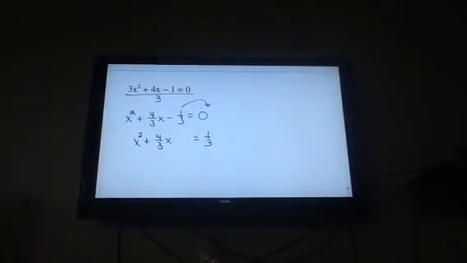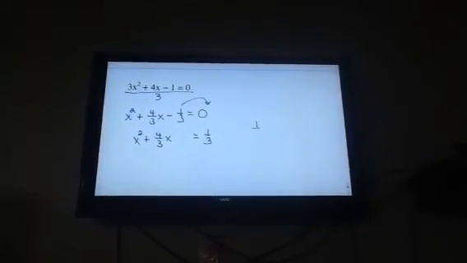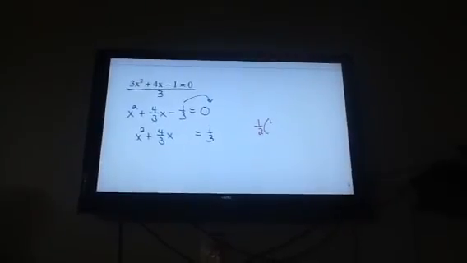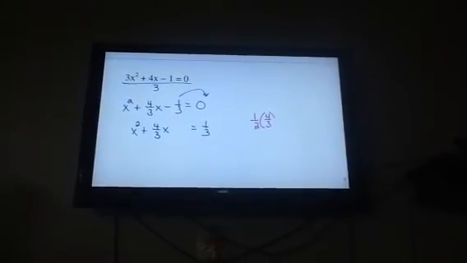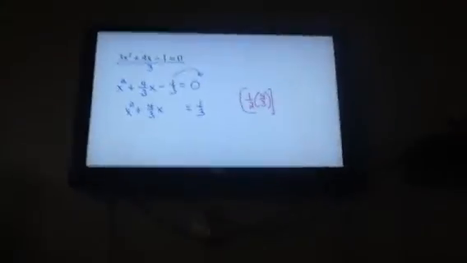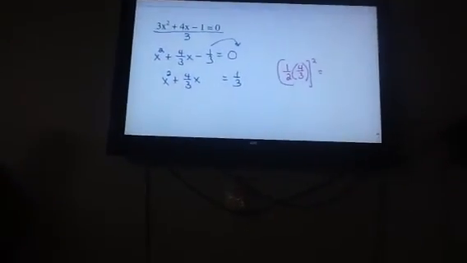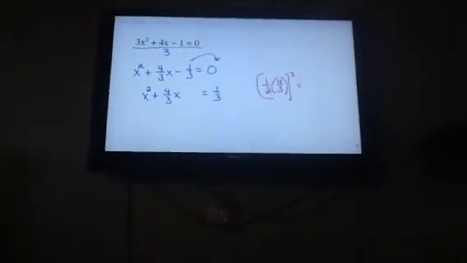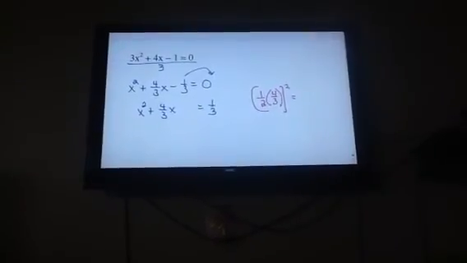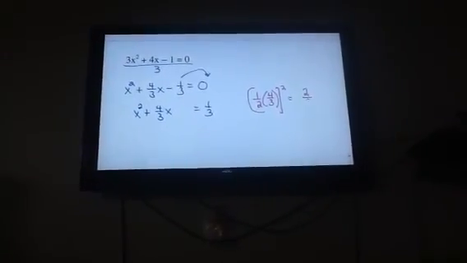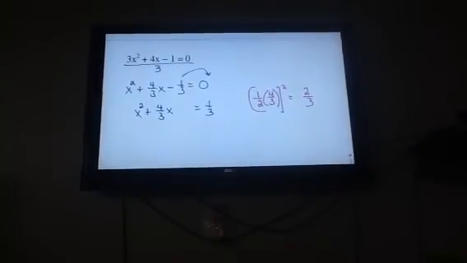Then we're going to take half of the middle coefficient and square it. Half of 4/3 is 2/3. You can punch it in your calculator if you're not sure: 1/2 times 4/3.